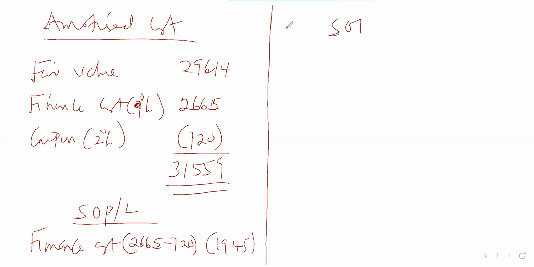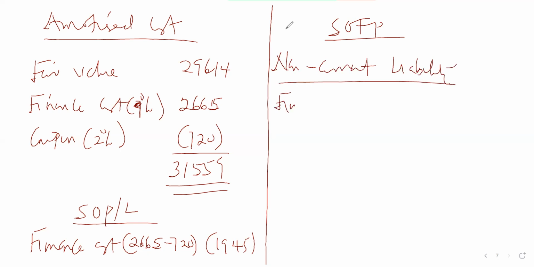Let's come to the statement of financial position. We have a non-current liability, and this will be a financial liability. In actual sense, the amount that we should recognize as a non-current liability should be 31,559, but we have 36,000.